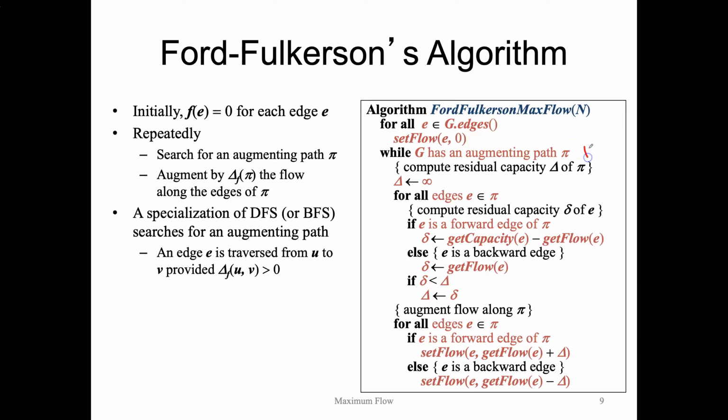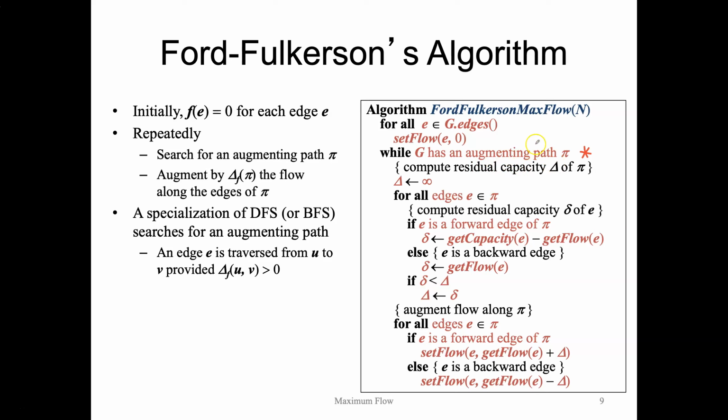Now we can modify any of the graph traversal algorithms that you've seen already, depth first search or breadth first search, in order to find an augmenting path, just by following either incoming or outgoing edges, as long as that edge along the direction in which it's traveled from has a residual capacity greater than 0. So we can compute an augmenting path that way, from the source vertex to the sink vertex.